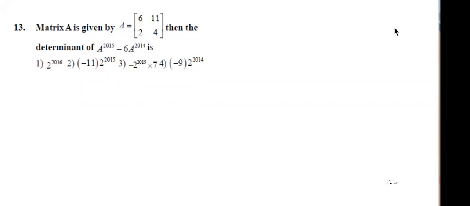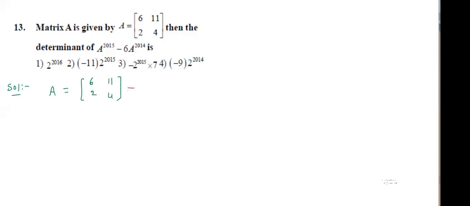See the 13th question. Matrix A is given, then find the determinant of A power 2015 minus 6 into A power 2014. First, what matrix A is given? 6, 11, 2, 4.